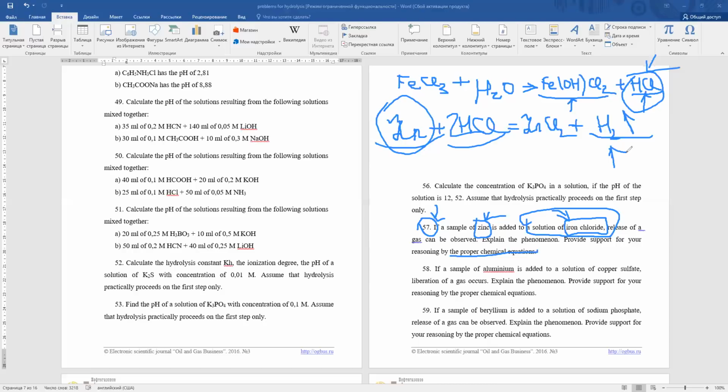It is also noticeable that the hydrogen chloride is formed from the hydrolysis reaction of iron chloride.